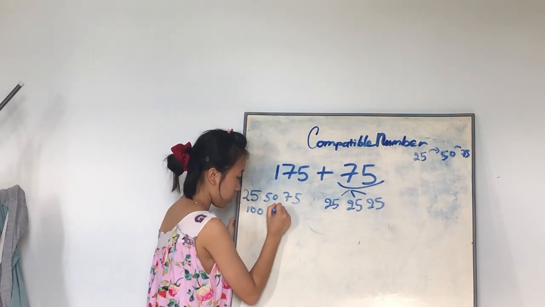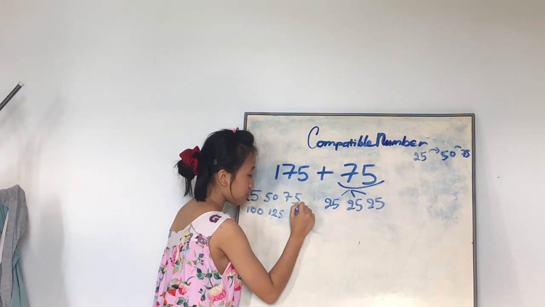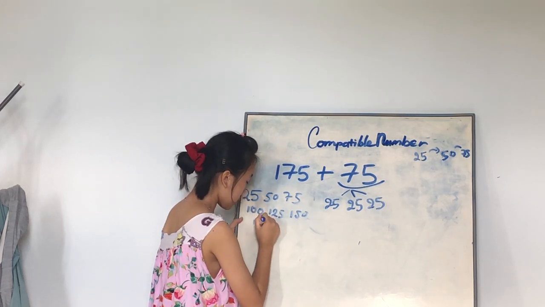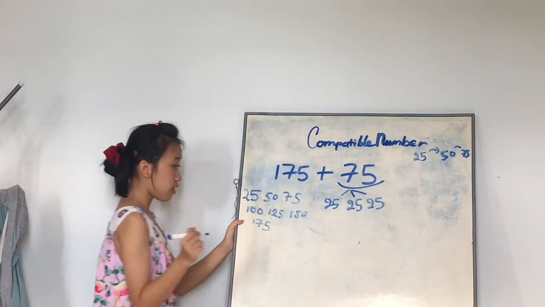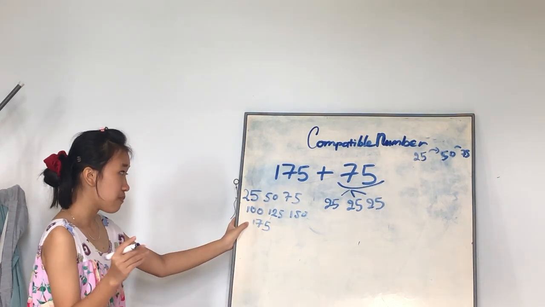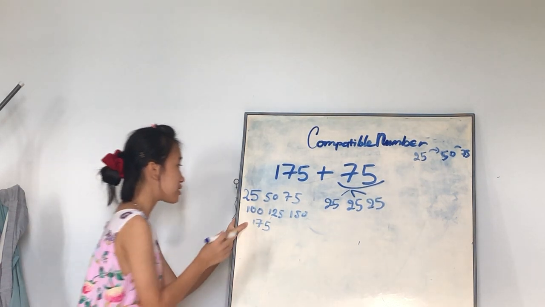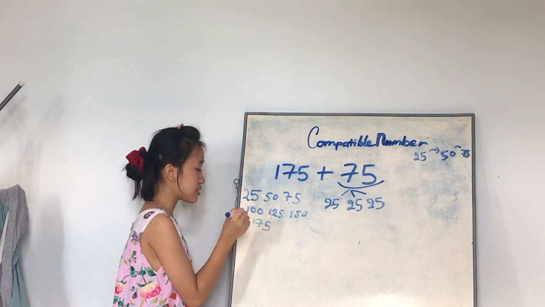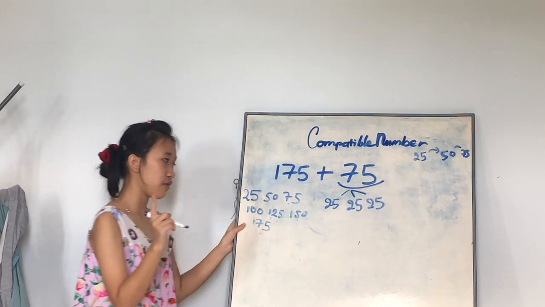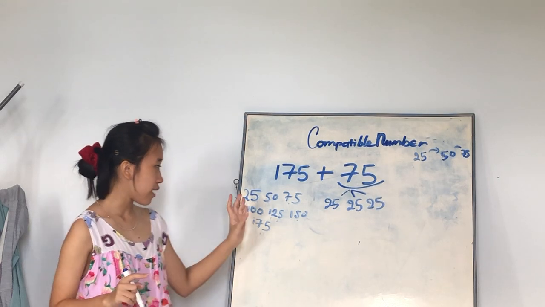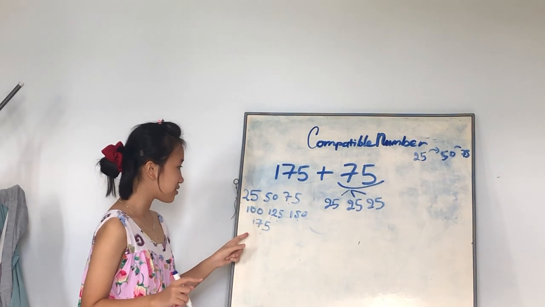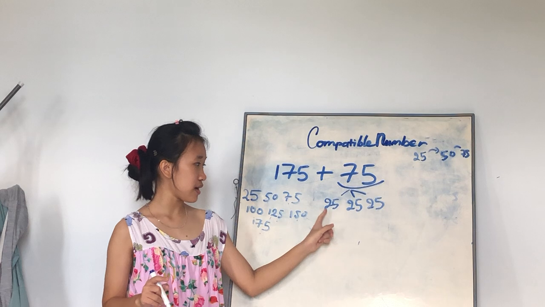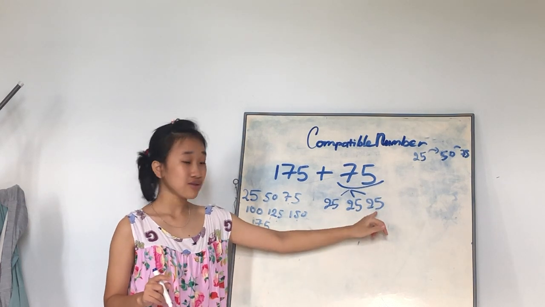So 125, 150, 175. Now we have 175 and we just need to add more 25s.